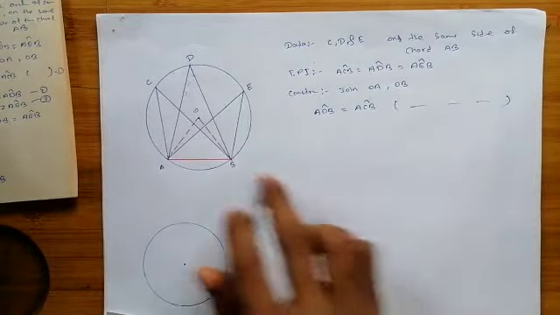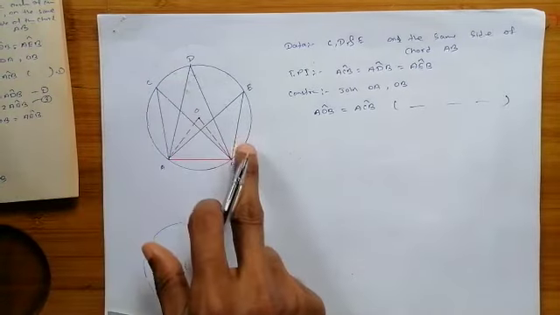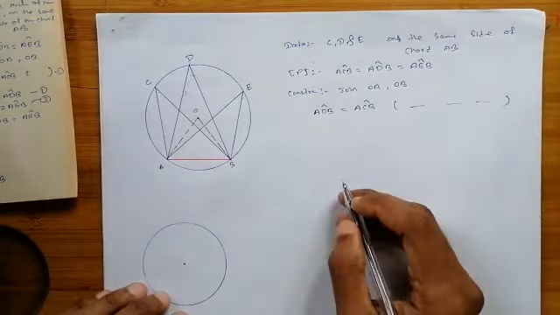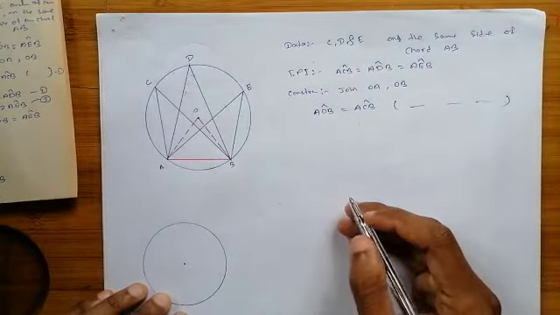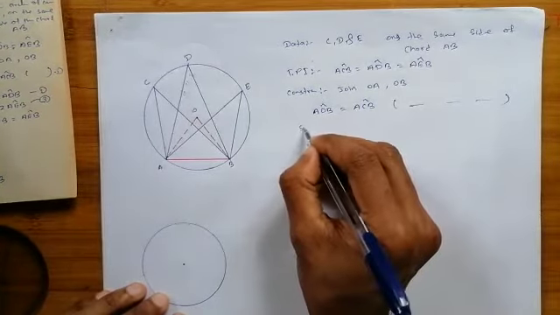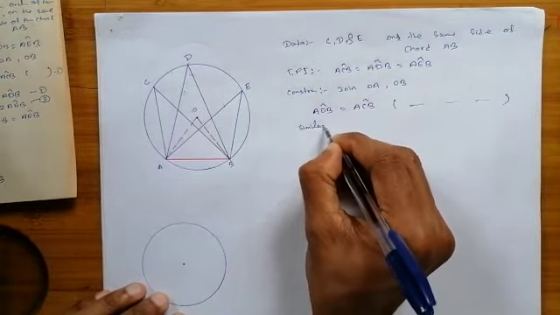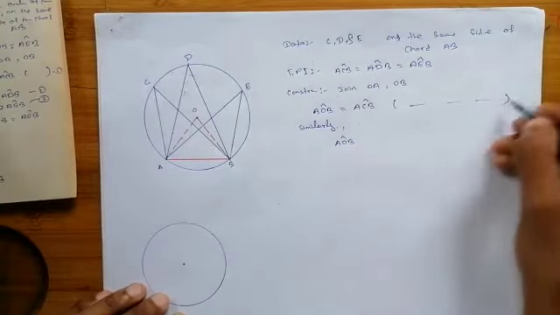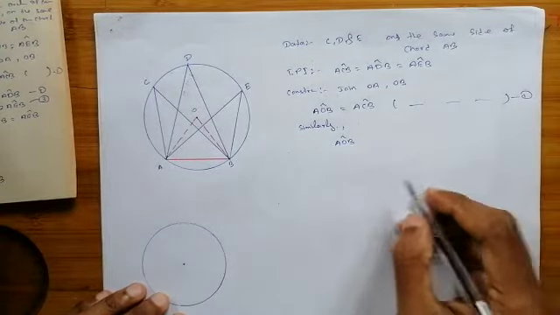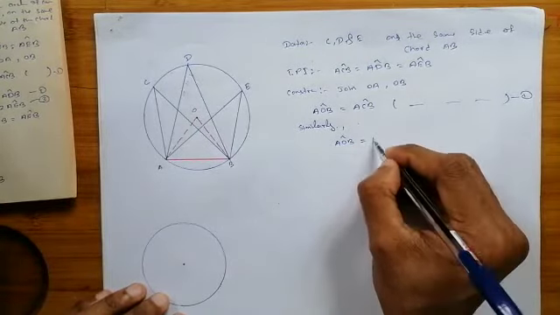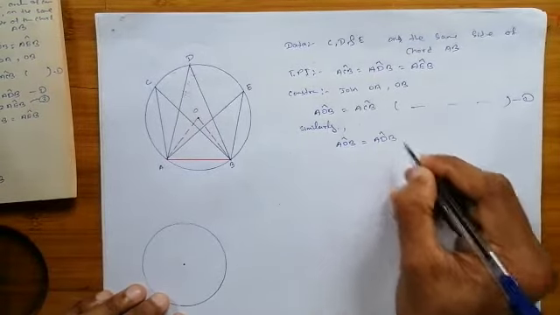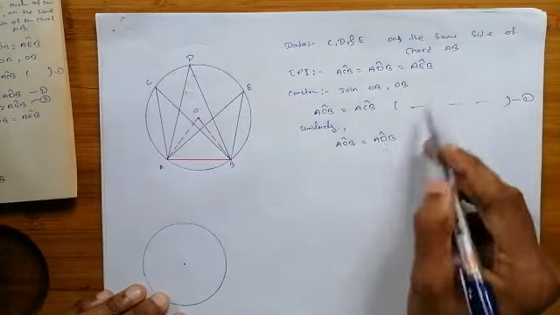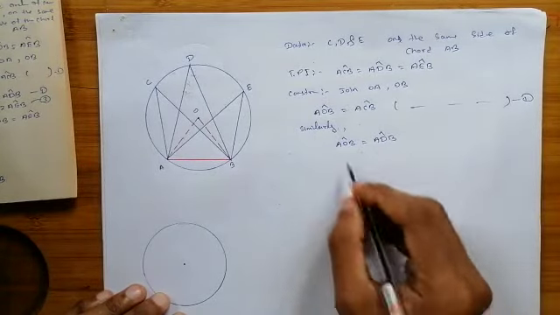Using that theorem, we are going to write ADB and AEB with the same reason. AOB is equal to 2 ADB. We don't want to write the theorem again because we write it similarly, with the same reason.